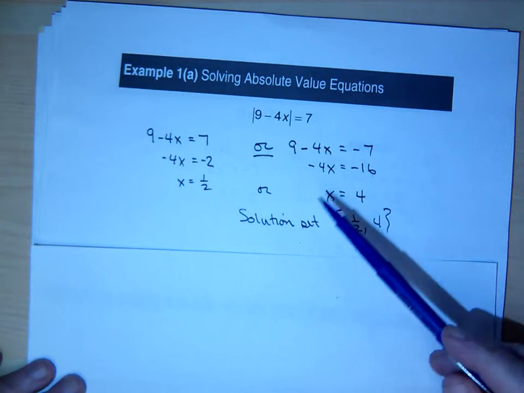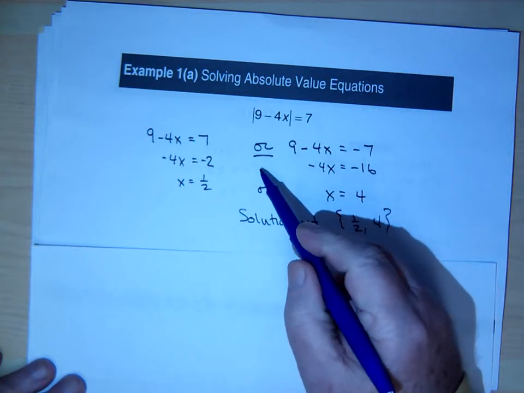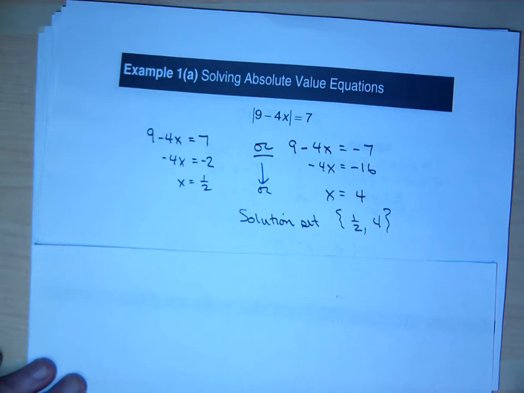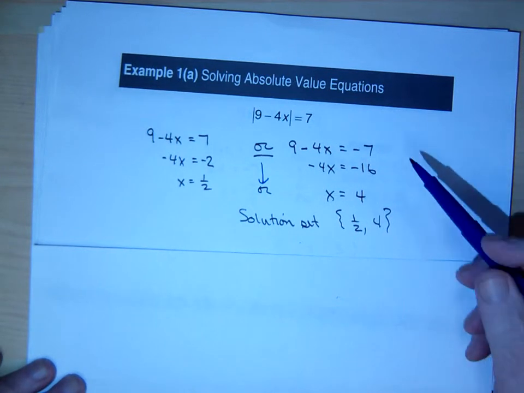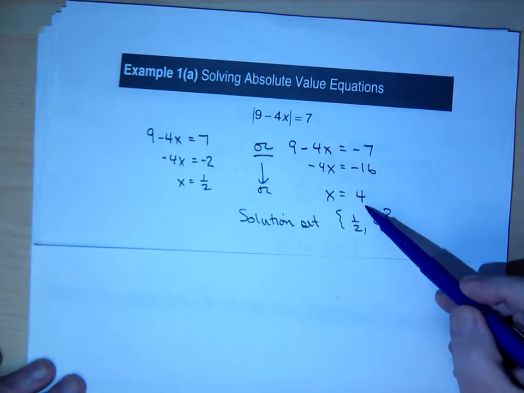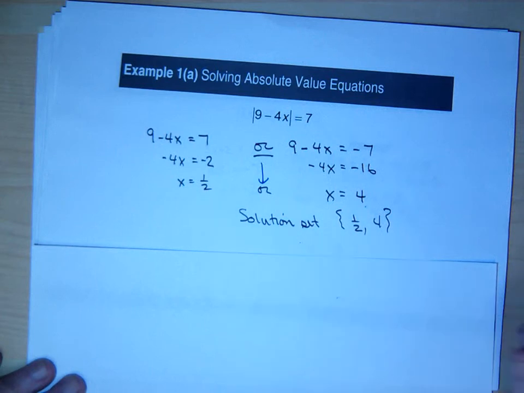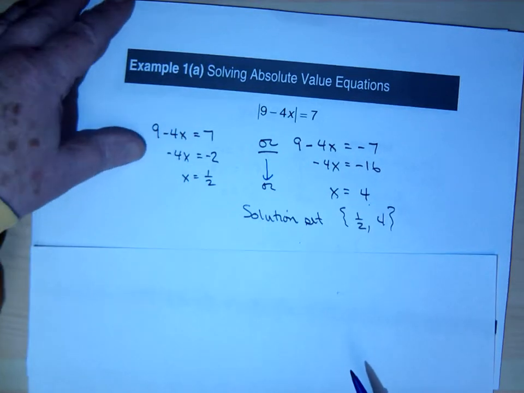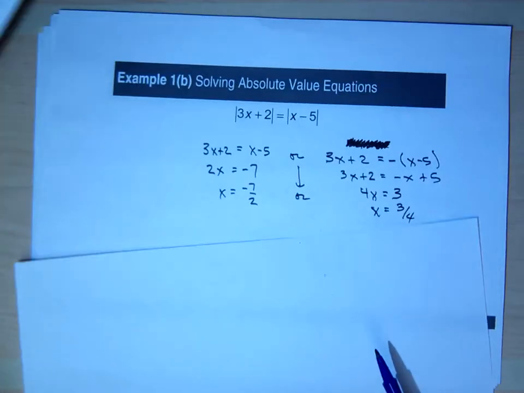I solve them each in turn. I maintain the or, and that means that either the solution is x equals 4 on this side or x is equal to 1/2 on the other side. Our solution set then is going to be 1/2 and 4. Those are the only two answers for this problem.